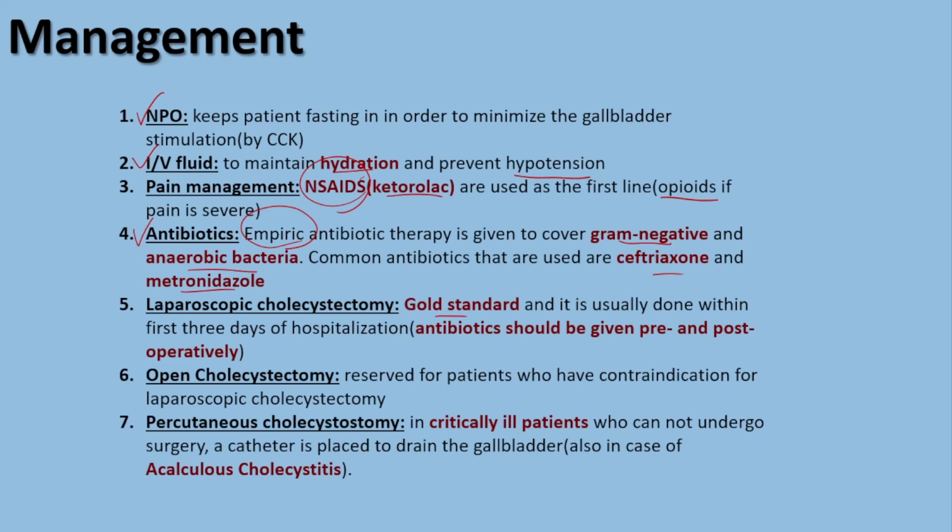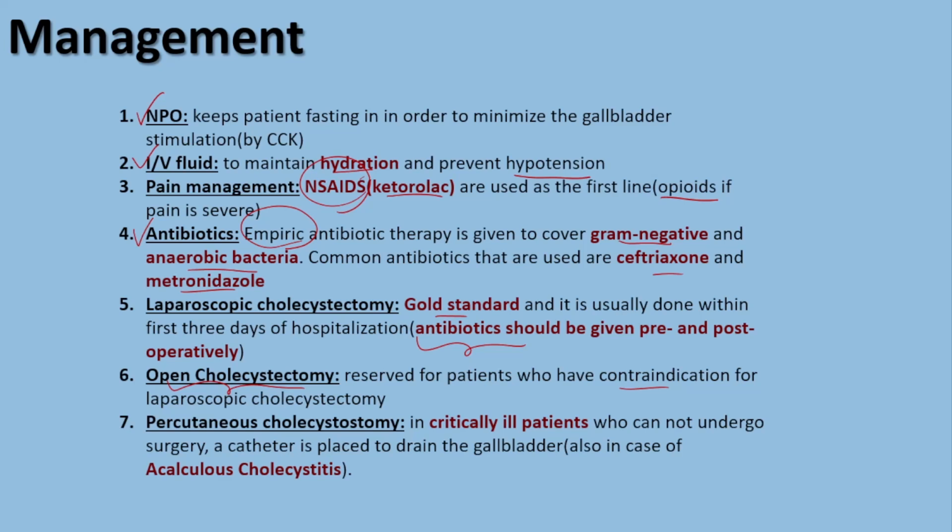But the patient has to be given antibiotics before and after the surgery in order to prevent complications of laparoscopic cholecystectomy. For example, one of the complications that can happen here is peritonitis, so antibiotics are given to the patient in order to prevent the complication. Another surgical option that we have here is open cholecystectomy, and it is usually reserved for the patients who have contraindication for laparoscopic cholecystectomy.